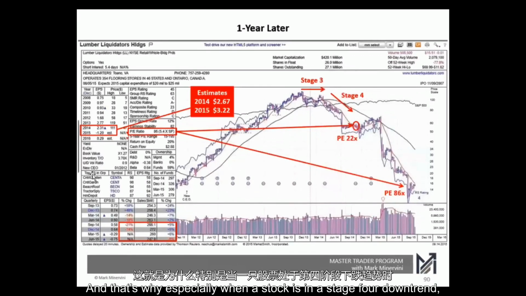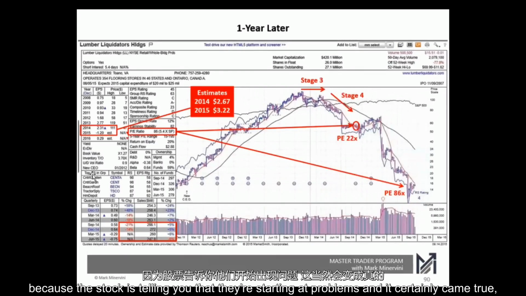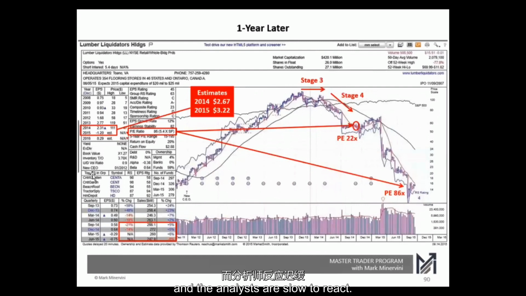Huge. And that's why, especially when a stock is in a stage 4 downtrend, you listen to the stock and not to the estimates, because the stock is telling you that they're starting to have problems, and it certainly came true, and the analysts are slow to react. That's why you're listening to the news and watching Kramer and whatever your newsletters, and you're getting all this information.